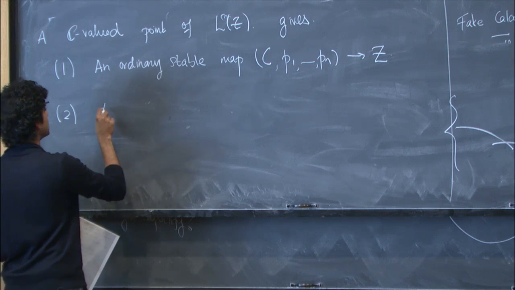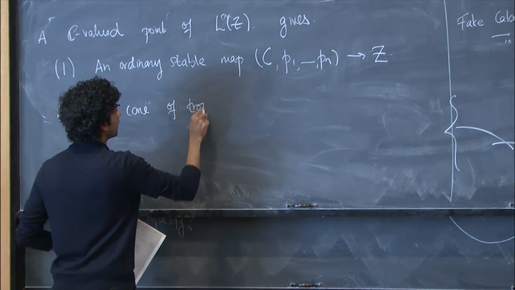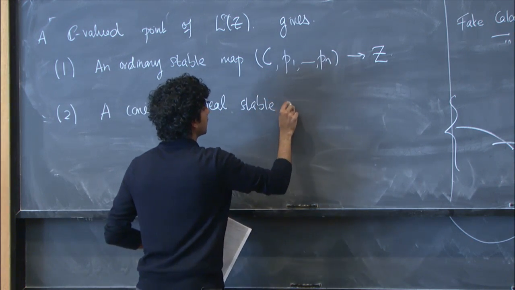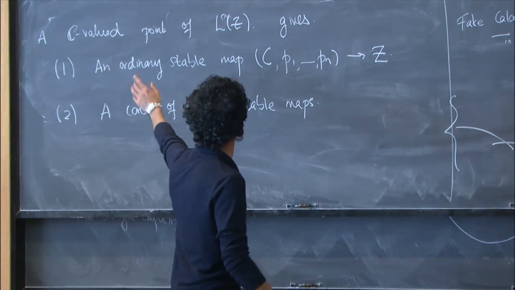What you get is a cone of tropical stable maps.